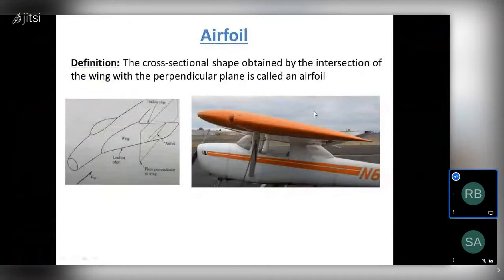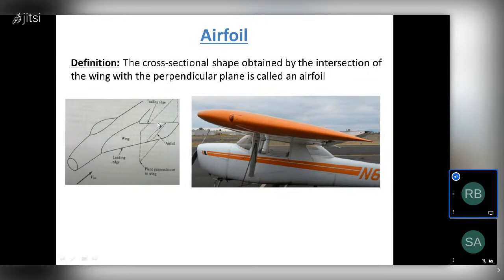Here we have the wing. The cross sectional shape we get is by the intersection of the wing with the perpendicular plane. This is a perpendicular plane and this is our wing.